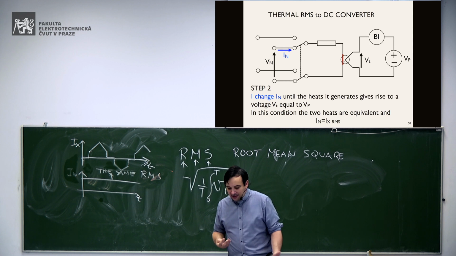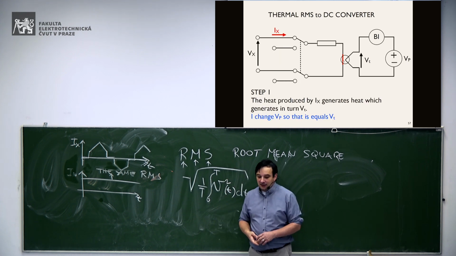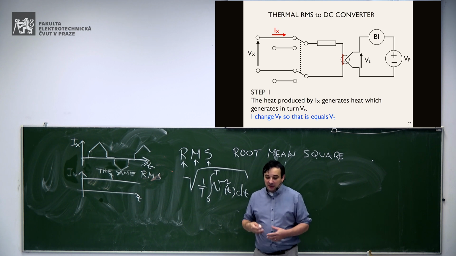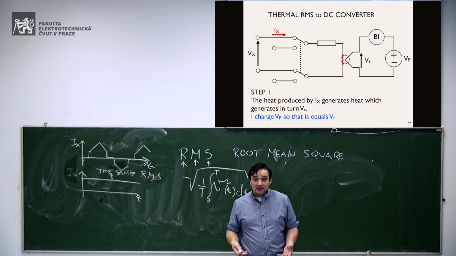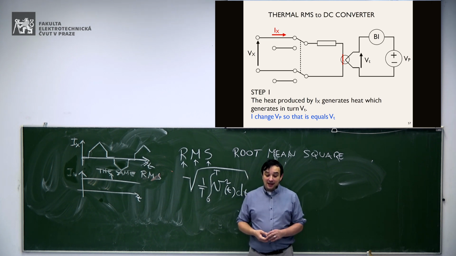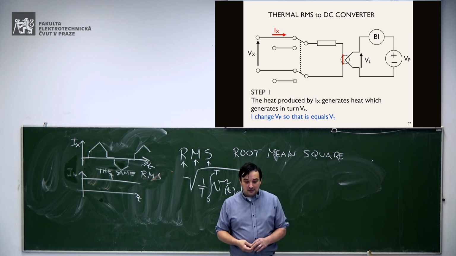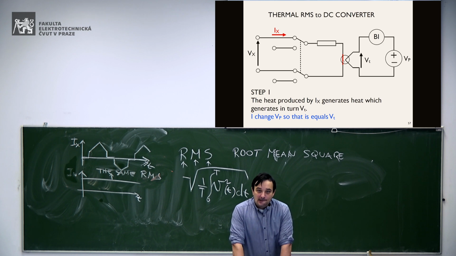So, okay, just inject your current of unknown RMS value into the heating element and measure VT. VT will tell you how much work was done by the current, right? Huh? So what's the problem with this approach? Can you spot it?